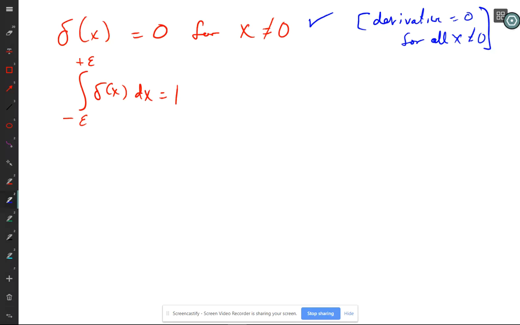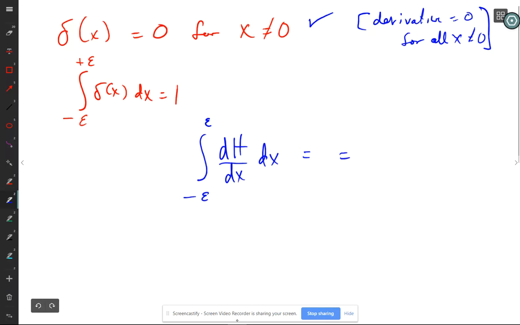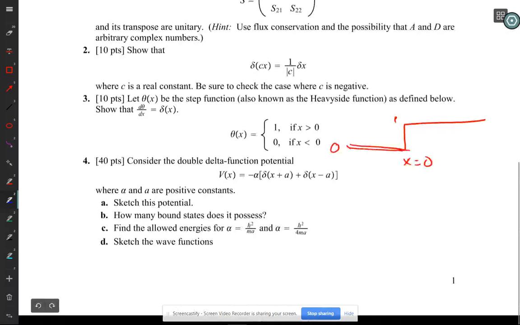Now, if we take the Heaviside function, we know that the integral of the derivative of the Heaviside function with respect to x, dx, because we're checking to see if this is the delta function, if we take that integral, that's got to be equal to theta evaluated from minus epsilon to epsilon. I've done the integral by the fundamental theorem, and I used theta, which is what you're supposed to use for the Heaviside function.